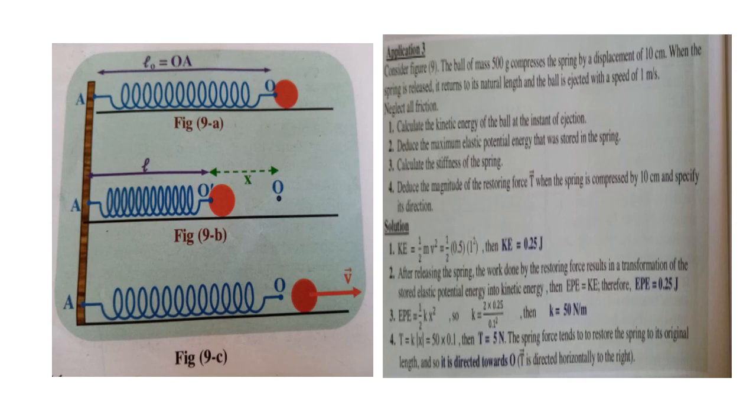As we have just said, the restoring force in newtons is the force that tends to release the compressed spring into its initial length. So its direction is consequently to the right towards O, and its magnitude according to Hooke's law is T equals k absolute value of x equals 5 newtons.